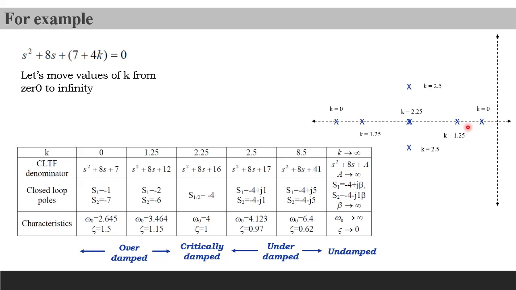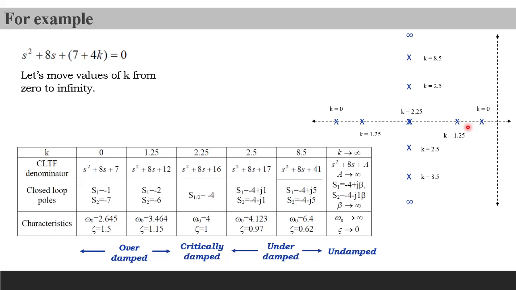And moving forward, the poles get deflected in the vertical direction. Before reaching 2.25 they were moving in the horizontal direction towards each other, and now after 2.25 they head away from each other vertically, and then move onwards to k equals infinity.